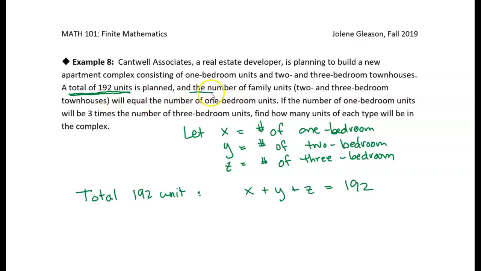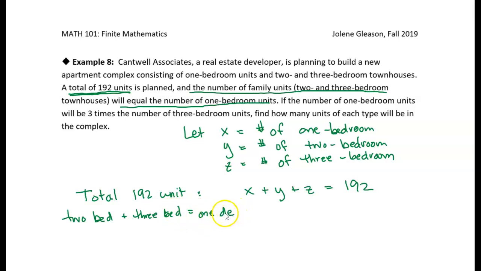The second piece of information is this whole thing here. The number of family units, which is the 2 bedroom and the 3 bedroom, will be equal to the number of 1 bedroom units. So 2 bedroom units plus 3 bedroom units is equal to the number of 1 bedroom units.